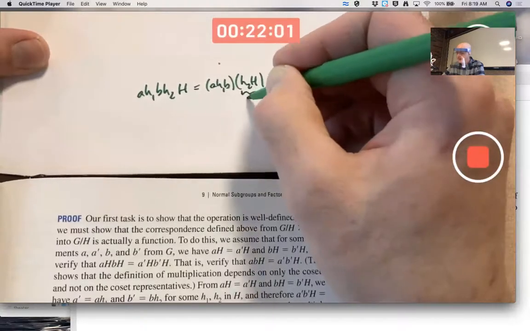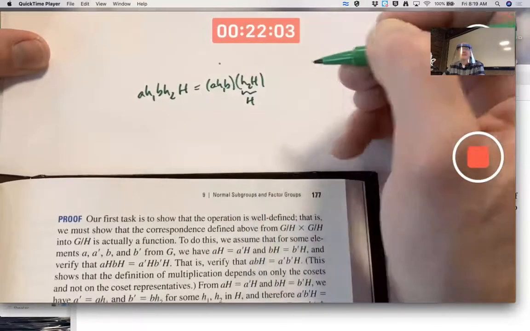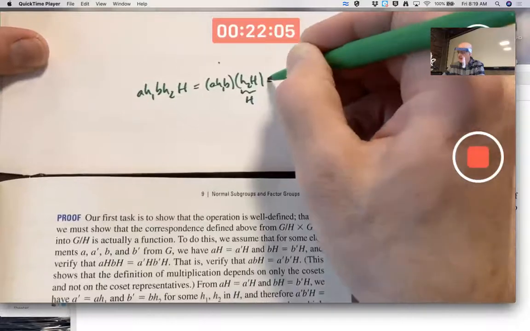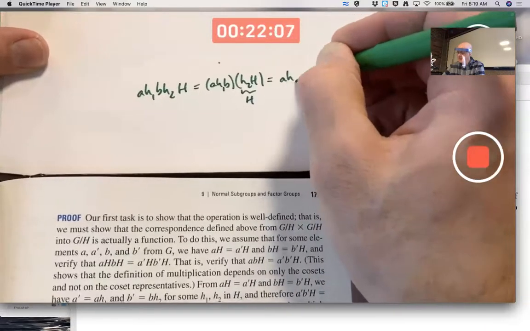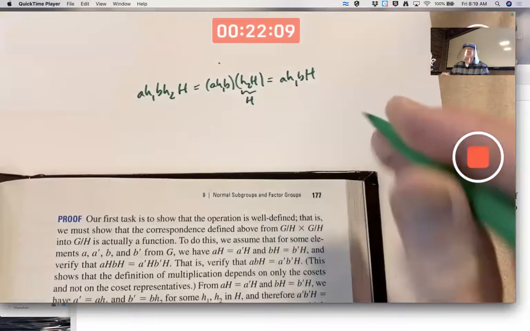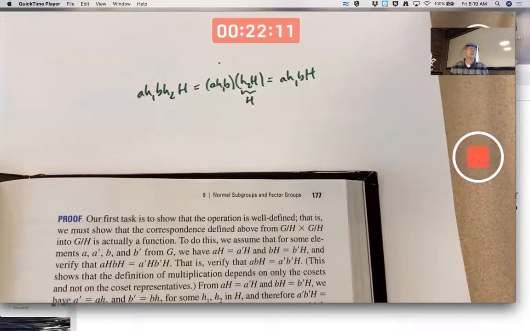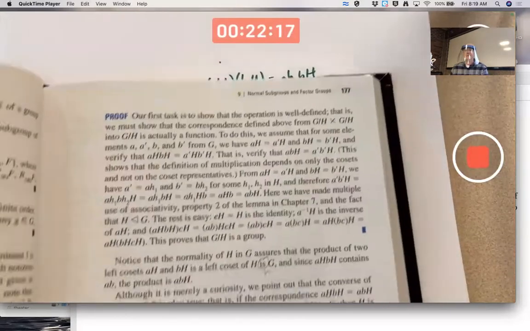And then this is H. H2 gets sucked into H. And that ultimately is the same as AH1BH. So there's some associativity going on, but once we've proved the associative property holds, we hardly ever mention associativity. We just use it whenever necessary.